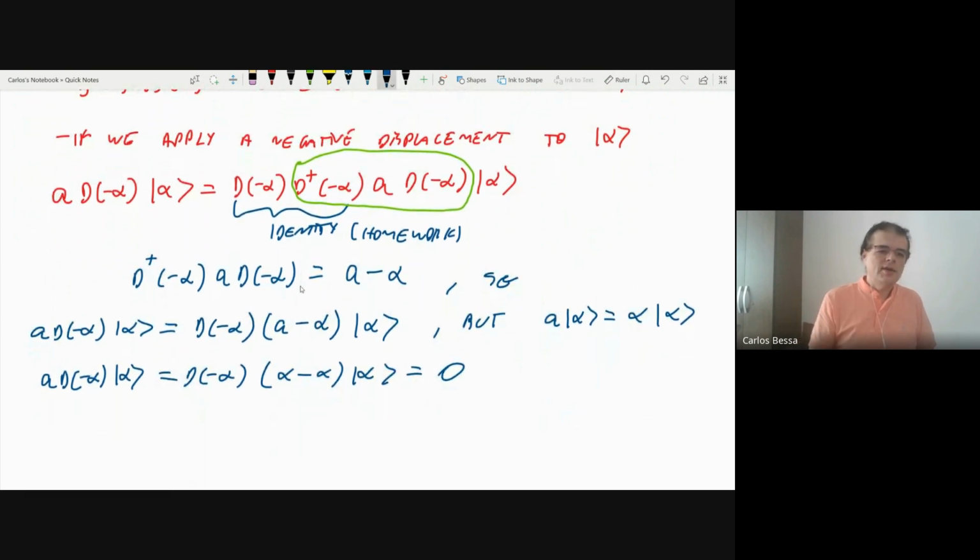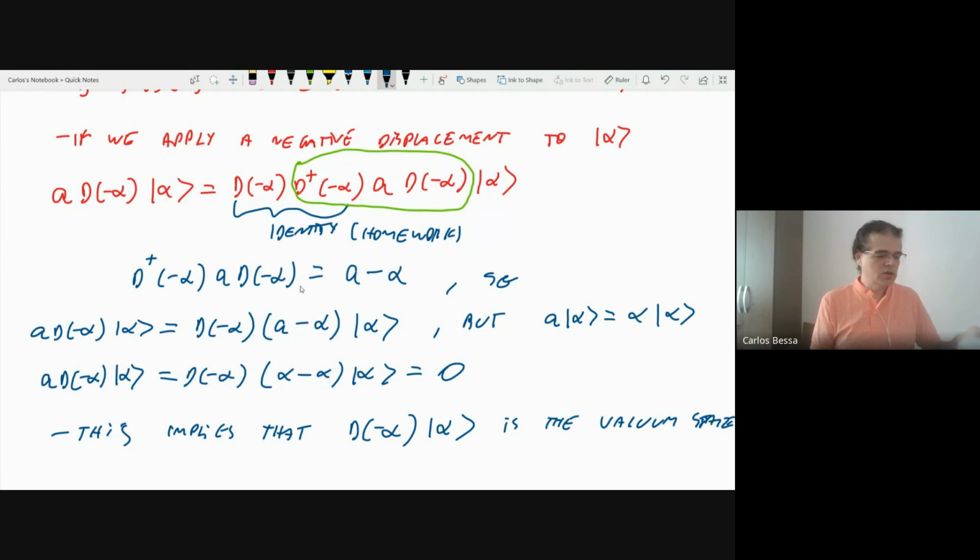So the annihilation operator applied to this state gives 0. This implies that D of minus alpha applied to alpha is the vacuum state, because a applied to the vacuum is 0.